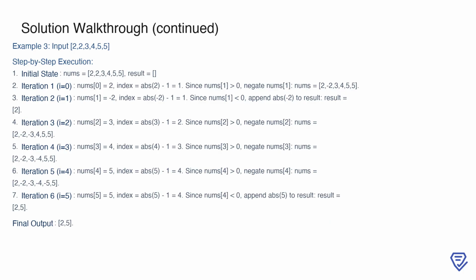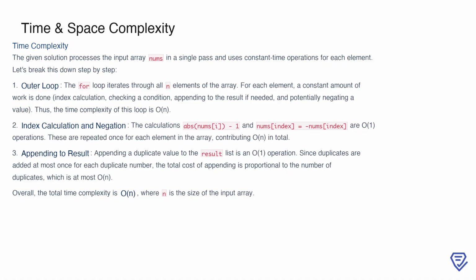In this solution, we focus on processing the input array in a single iteration while ensuring all operations are efficient. The outer loop iterates through each of the n elements in the array, and for each element, we perform a few constant time operations. These include calculating an index using the absolute value of the current number, checking if the corresponding value is already negative to determine if it's a duplicate, appending to the result list if necessary, and potentially negating the value to mark it as visited.